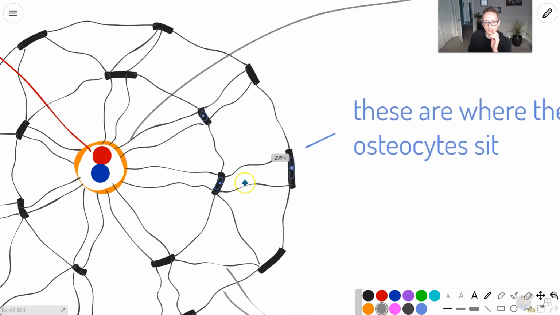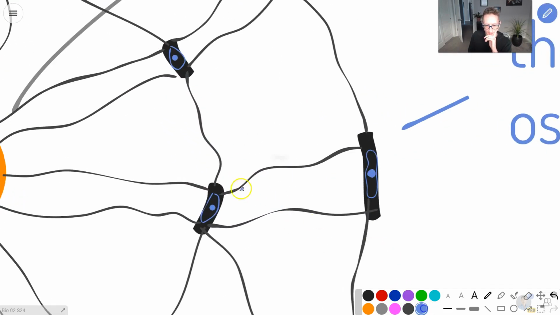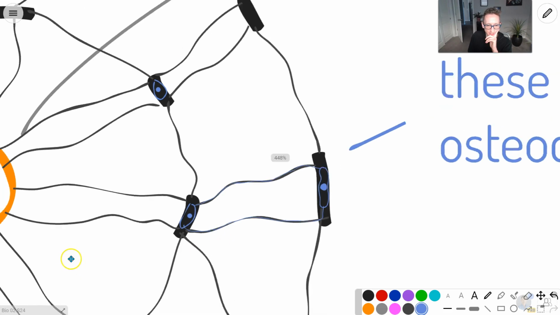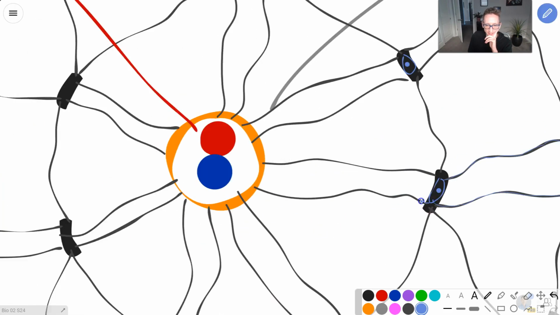And again, these little canaliculi allow our osteocytes to put out these little protrusions between each other. Maybe that protrusion goes to there, maybe that one goes to there, maybe this one goes there, and this one goes here. And this allows them to pass nutrients and waste products between each other and the cardiovascular system. So this will go all the way down here.